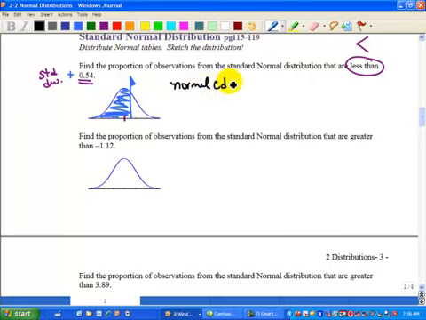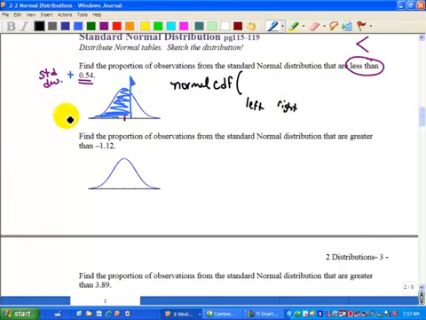Then there's a CDF that's just hooked on after it, and then it will show you a parenthesis. Then what you do with this is you say, I would like to know how much of the normal graph is colored from over here up to my flag. So from the left edge up to my flag. So from left to right is how you read it.